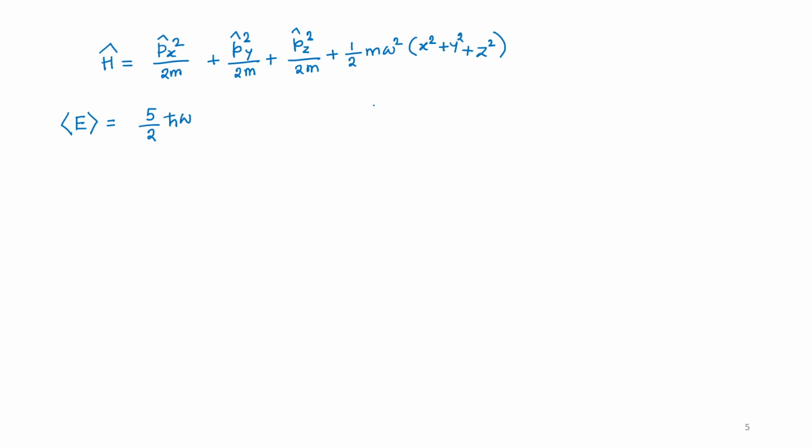And for a harmonic oscillator, similar to the separation of variables we have done for a particle in a 3D box or 2D box, what we have learned so far is that the total wave function will be a product of wave functions from the different dimensions, x, y, z direction.